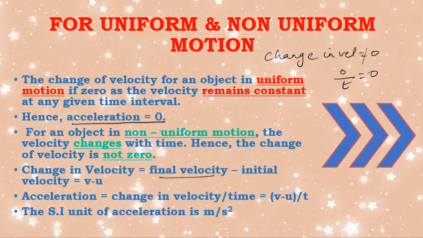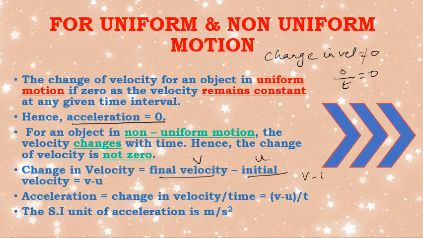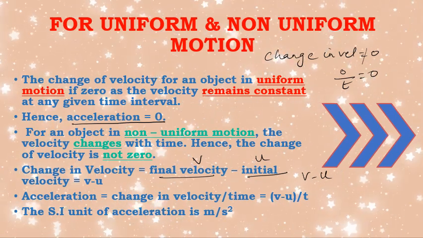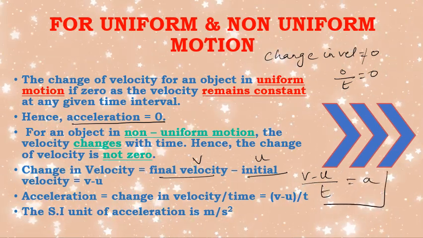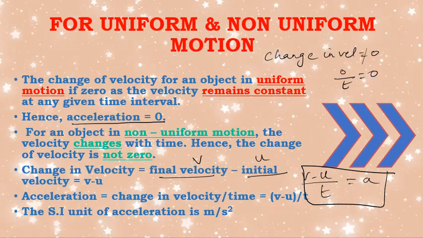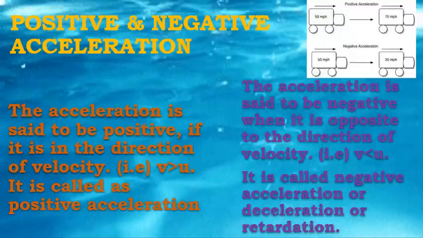Generally we take the final velocity to be v and the initial velocity to be u. So change in velocity will be v minus u, and acceleration will be change in velocity by time taken. So a equals v minus u by t. This is the formula for acceleration. The unit is meter per second square, and you can write it either like this or as m s power minus 2.